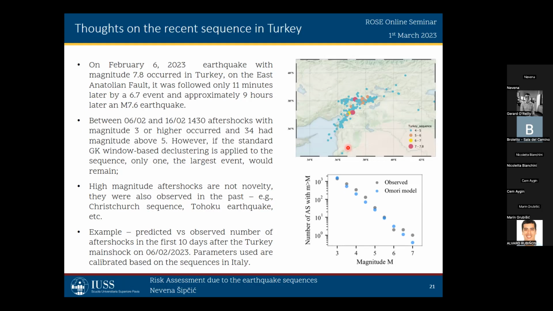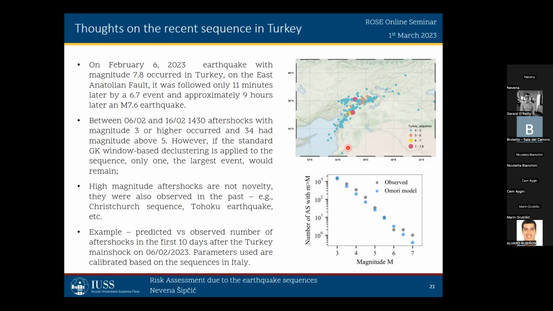You can see that the match is, of course, not perfect, but it's pretty good. The aftershocks that actually occurred in this earthquake follow the exponential distribution that we observed before in the past.